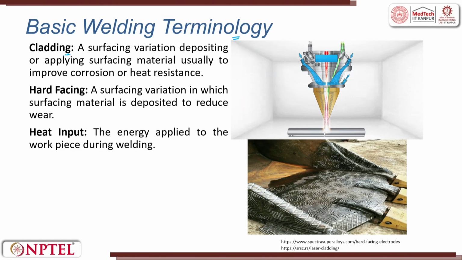Once the powder is used and then heat is applied, we call the process cladding. A surfacing variation depositing or applying surfacing material, usually to improve corrosion or heat resistance, is called cladding. Where wire or rod is replaced by powder, it is called cladding.